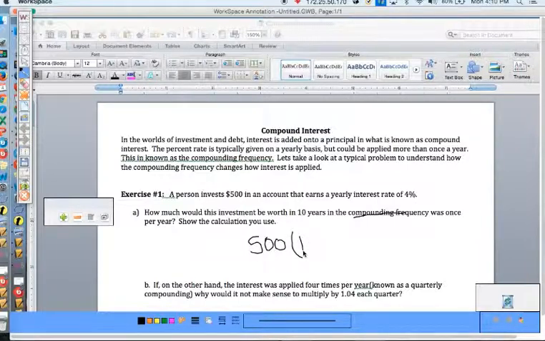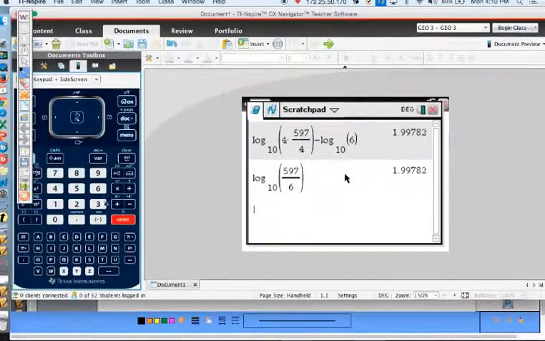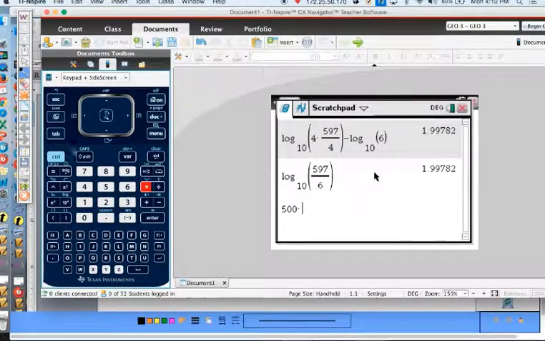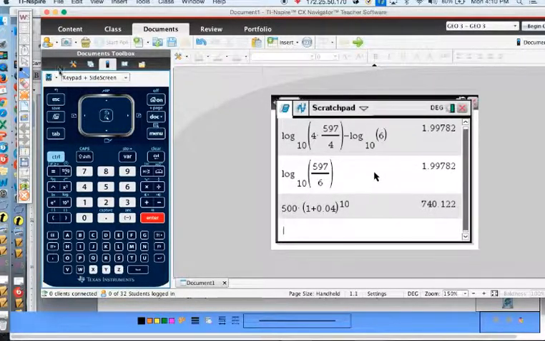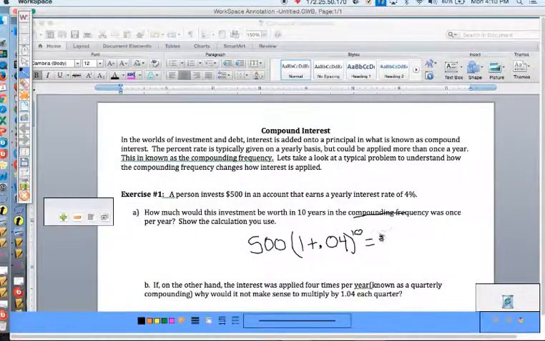So we know from the last unit, 1 plus 0.04 to the 10th power. And we can type that in here. Let's see, 500 times 1 plus 0.04 to the power of 10. So we have $740.